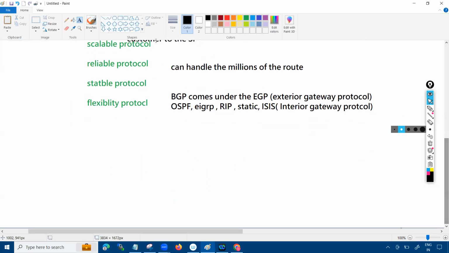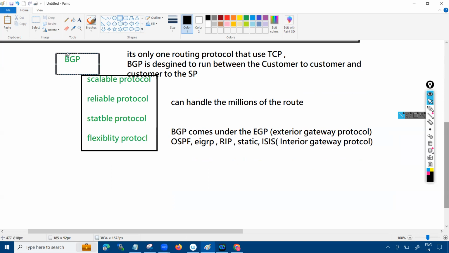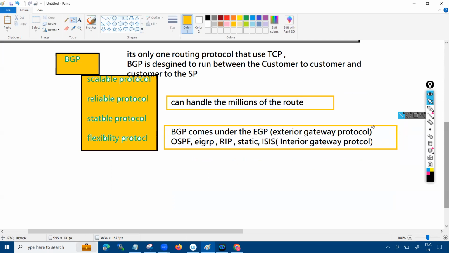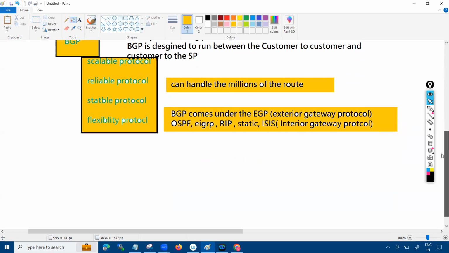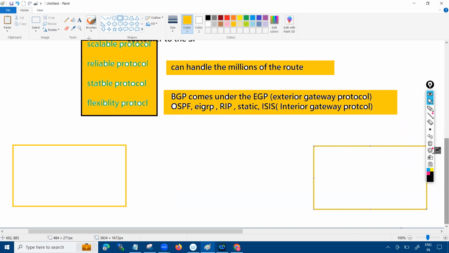So understand it this way. Exterior and interior, what is it? Take an example: we have one organization and another organization over there, and we have routers between them: router 1, router 2, and router 3.